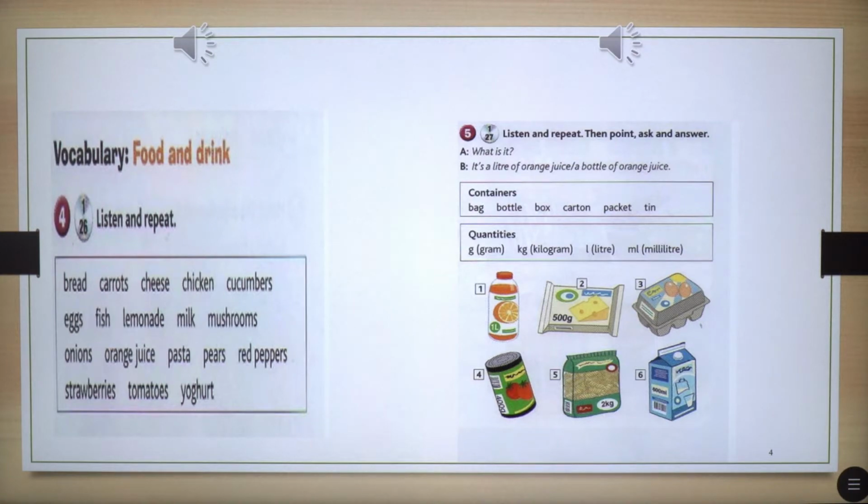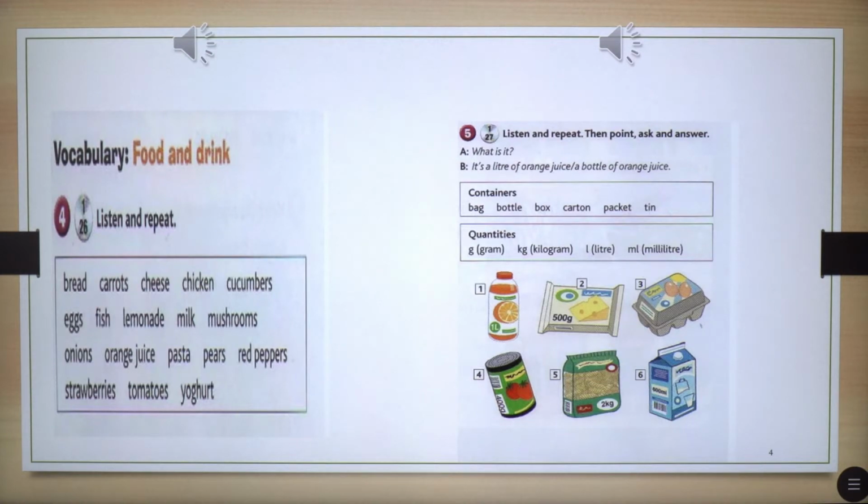Okay, so you heard the pronunciation of these types of food and drink. So now in the next picture, you have also two tables of the containers and quantities. We have different kinds of containers that we keep food and drinks in.